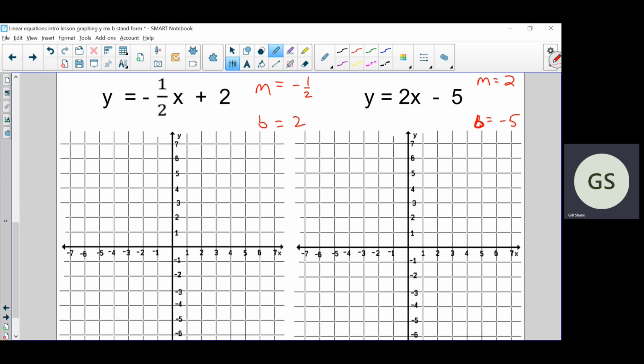All right, so now I start with the y-intercept. I'm going to do both of these graphs kind of at the same time. My first point goes on the y-intercept, which is +2. Over here, it's a -5. So it goes on -5. So there's my first step in both problems. I did the y-intercept.